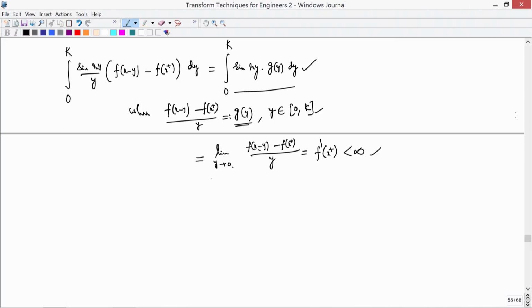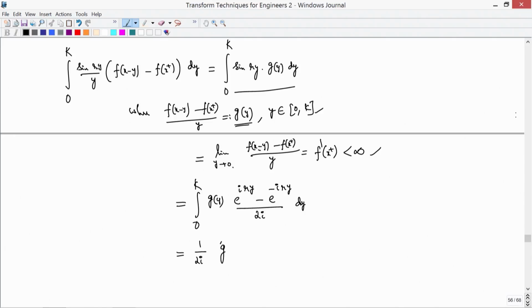That means you can think of this as the integral from 0 to k of g of y. Now, I can rewrite sin r y as e power i r y minus e power minus i r y divided by 2i, times dy. The 1 by 2i comes out, and the first term is the Fourier coefficient of g.